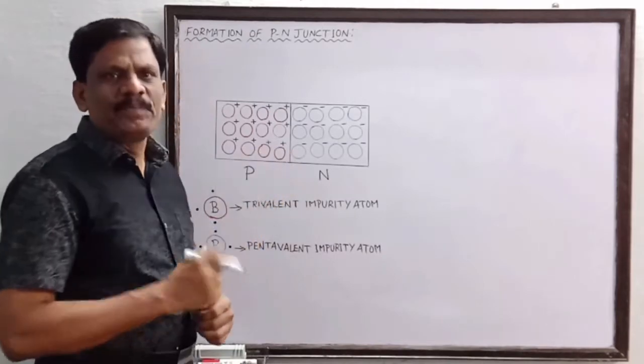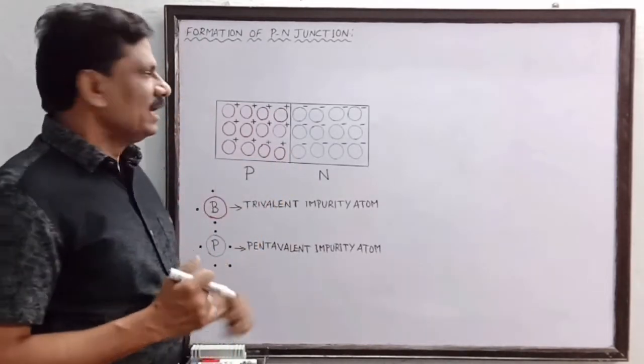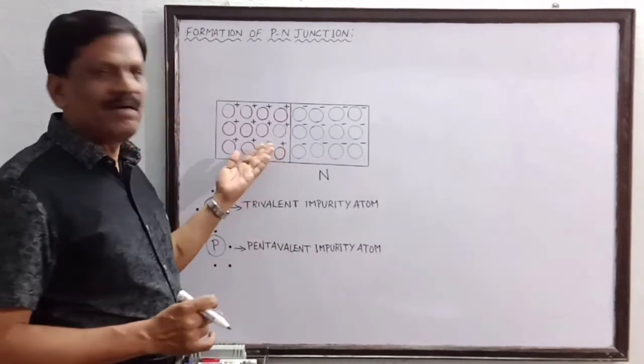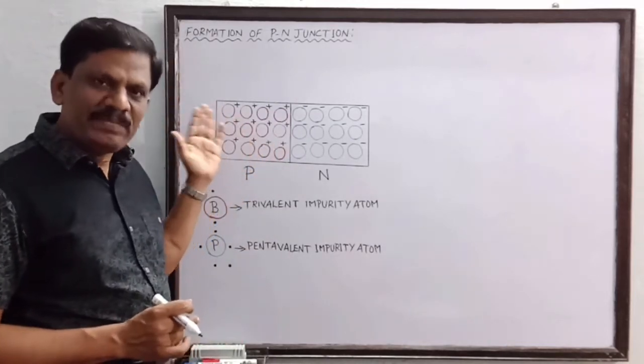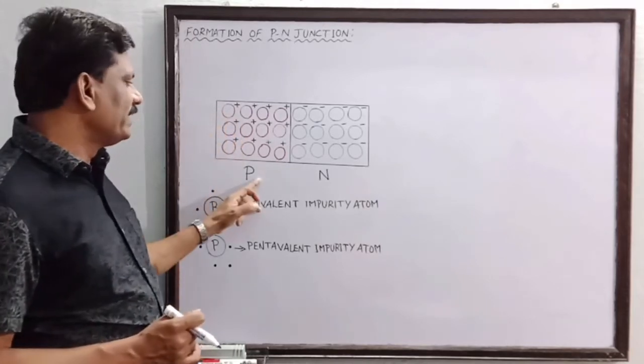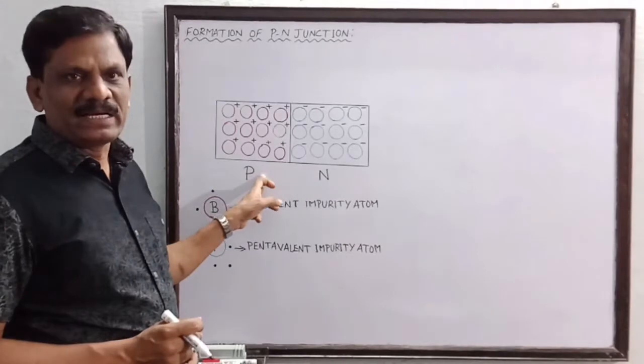Otherwise we can take a pure semiconductor like germanium or silicon, and one half of the crystal may be doped with trivalent impurities, so that on the left side a P type semiconductor is formed.